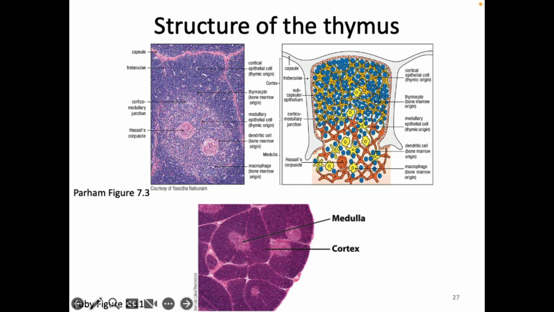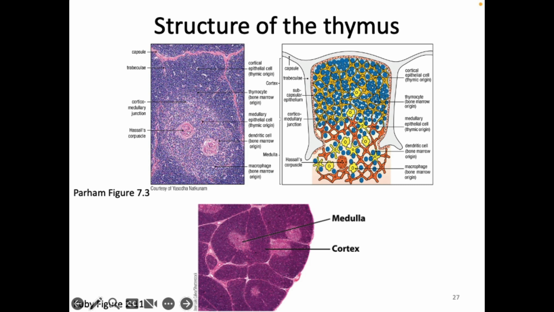I love this figure at the bottom. When I was an undergrad, I actually worked in a lab that did a bunch of thymus stuff, so I felt like I knew all the things about the thymus. And I'd seen lots of images like this one at the top, where I would see areas of cortex up here and areas of medulla down here. And for some reason, I always thought that the thymus looked like a target symbol, like there was one layer on the outside and one layer on the inside.